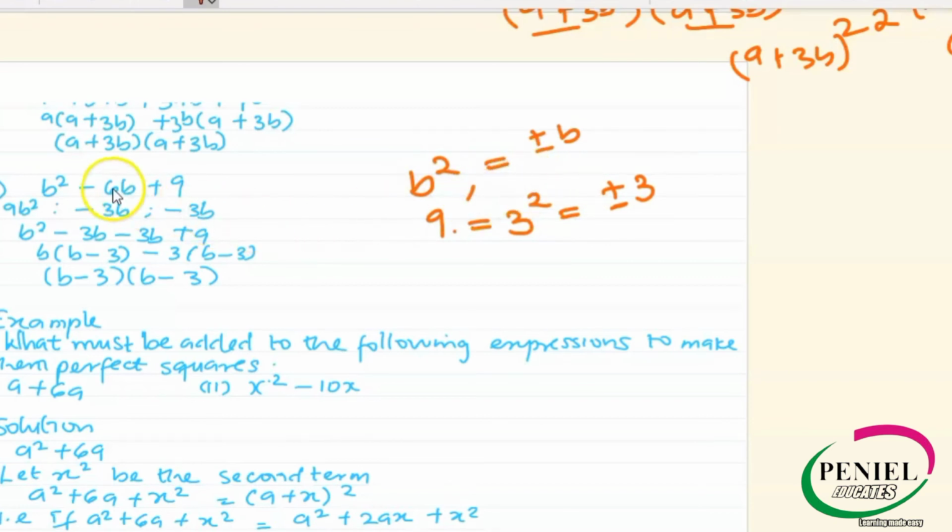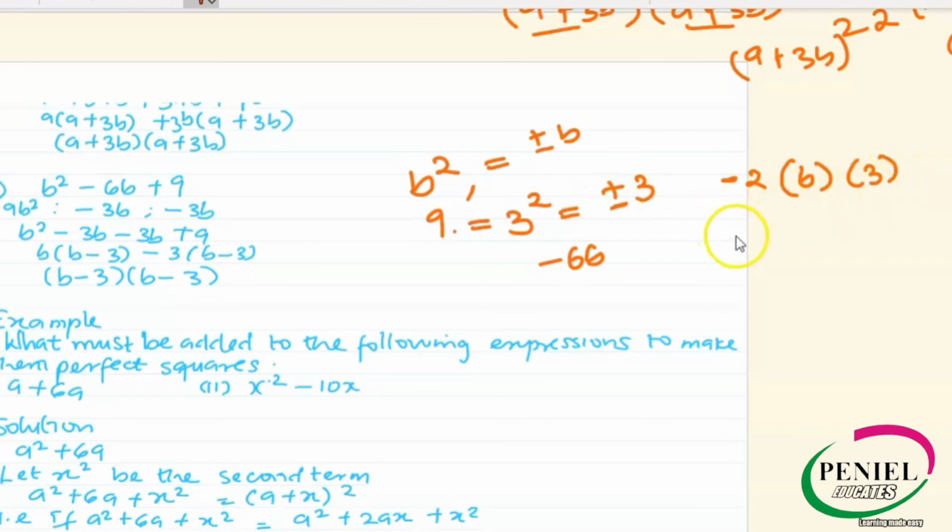Alright, so the only one that we now have is the minus 6b, and don't forget, when you have a minus here, that means we can have a minus 2 into, don't forget the square root of it, this one is b. So we can have a positive b here, and a positive 3 here.